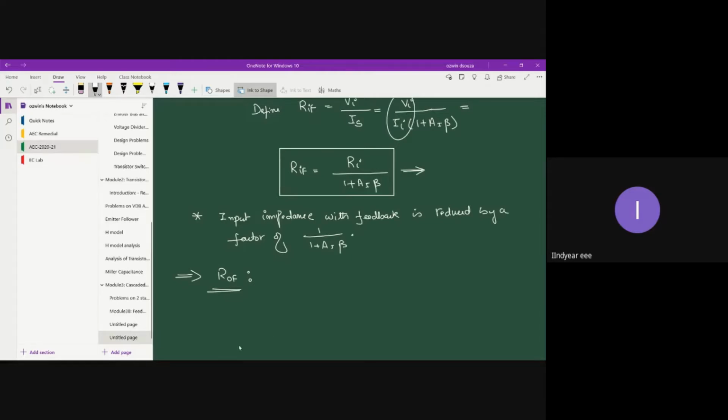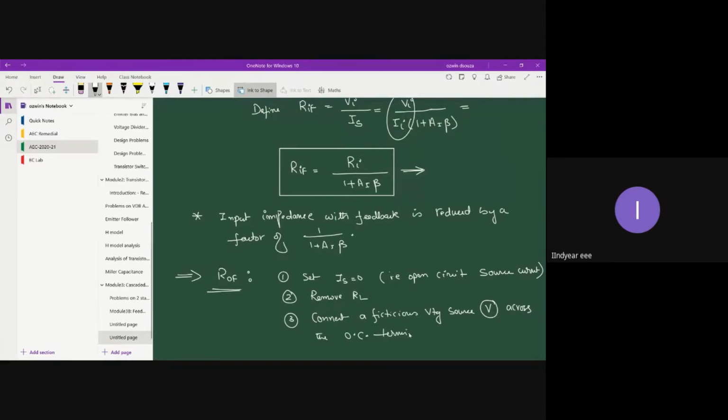So to determine R0F of current shunt feedback, what we can do is first set IS equal to 0, that is, open circuit the source current, and then you remove RL, and in the third step connect a fictitious voltage source V across the open circuit terminals on the output side.